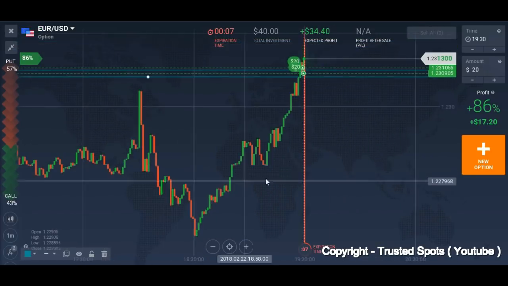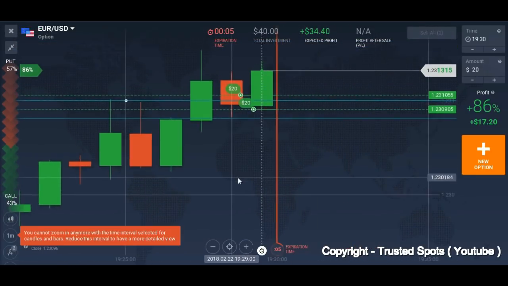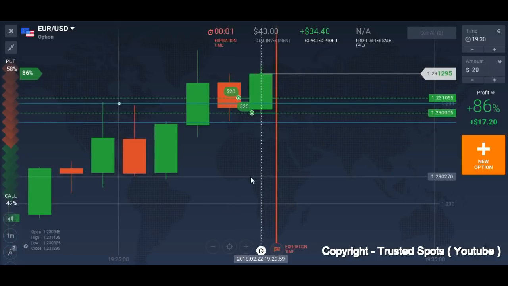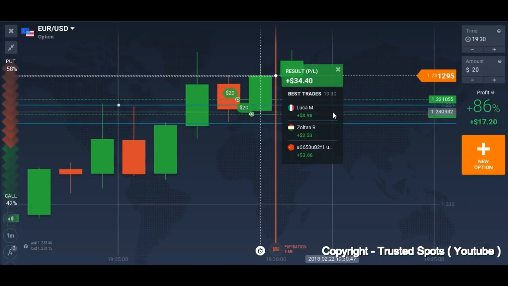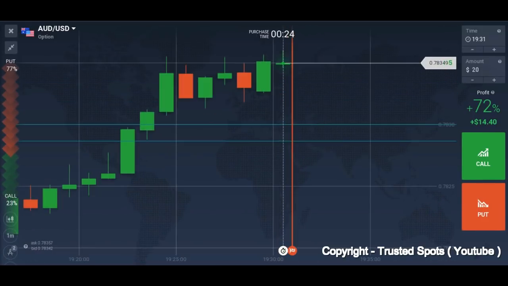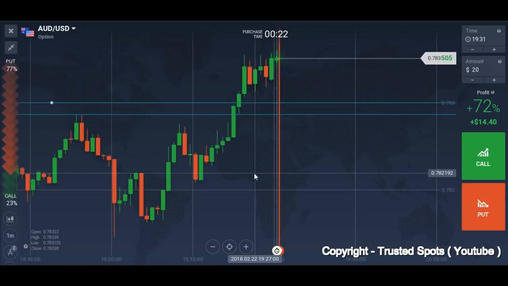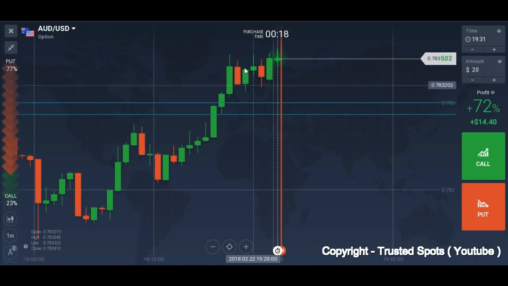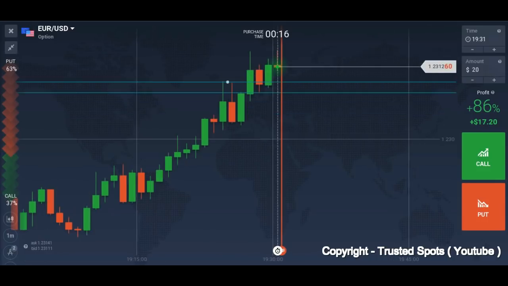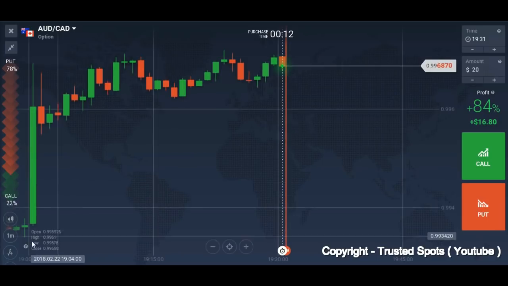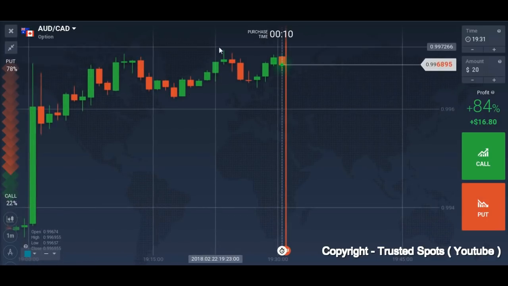If you look carefully here, it came near to this level and reversed, and we won this trade as well. Let's take one more trade and then I will finish this video. As we are using the extreme level, that's why our trades are going well. Using the extreme level works best.